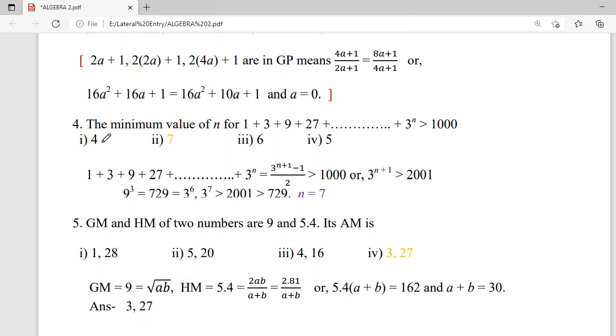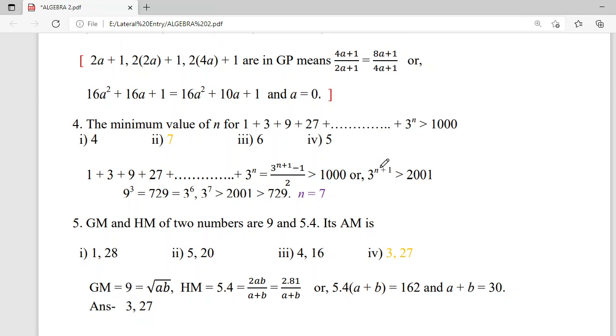You can test it like this also. If you write 4, then 1 plus 3 plus 9 plus 27 plus 3 to the power 4, but it may take time. So you find this sum, and after simplification you will have 3 to the power n plus 1 greater than 2001.